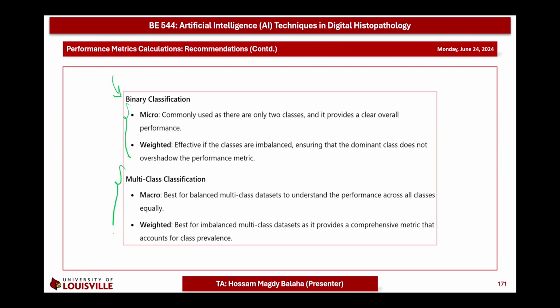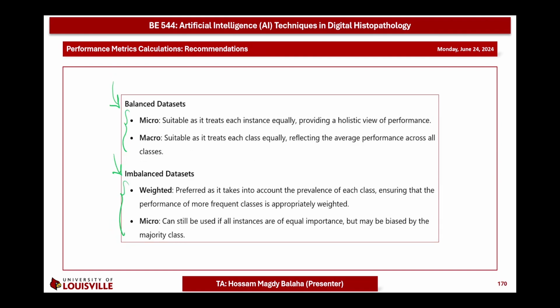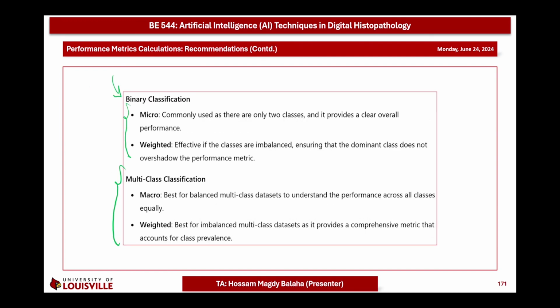But for multi-class classification, you are encouraged to use the macro and weighted with the reflection of the previous slide, which is here, to differentiate if this dataset is balanced or not. This recommendation can help you judge the performance of the system and check its generalizability.